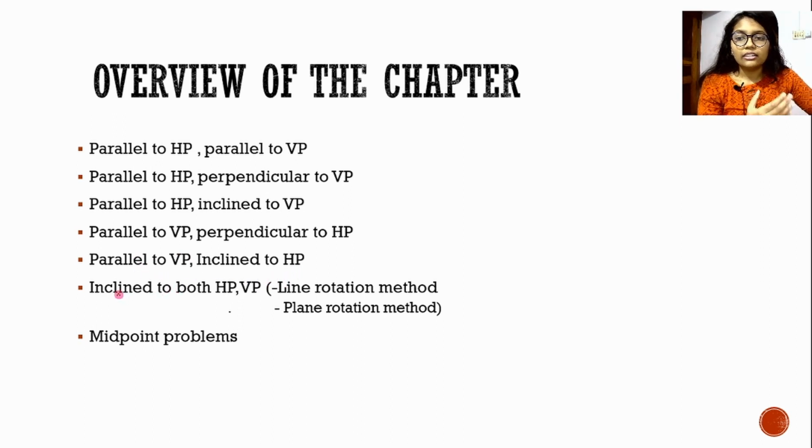And sixth part is inclined to both HP and VP, but there we have to move for two methods, line rotation and plane rotation. And last section of this chapter is midpoint problems. So by the time we finish all these 7 topics, the chapter ends. Okay, so today's session will be based on these 5 topics.